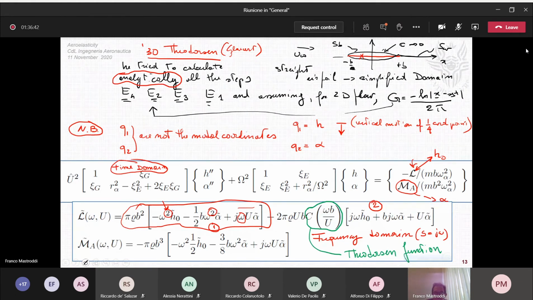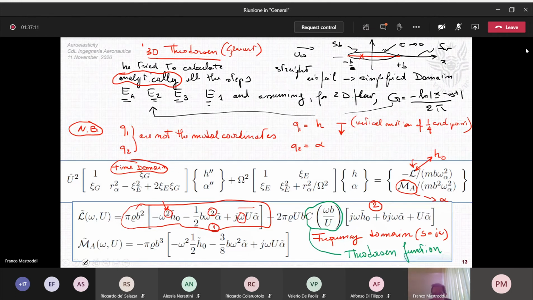If we decide to consider not this point as a reference point for the load, but another one, so if you want to reduce your aerodynamic load around another point, you will have the same force L, but a different moment, which is the previous one plus the lift multiplied by this lever from here to here.